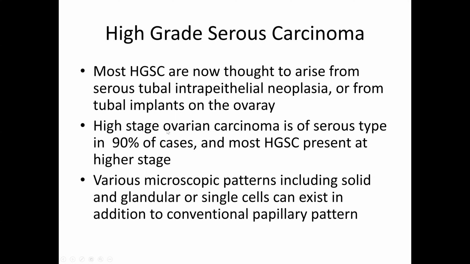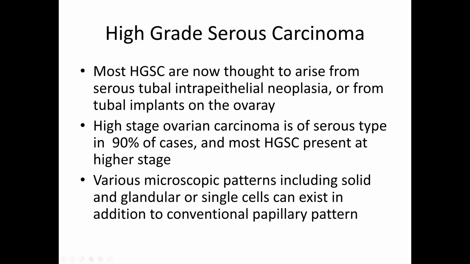High-grade, high-stage ovarian cancer is almost without exception going to be high-grade serous carcinoma. To find high-grade clear cell or high-stage clear cell or high-stage endometrioid is not impossible, but 9 out of 10 cases are going to be serous.